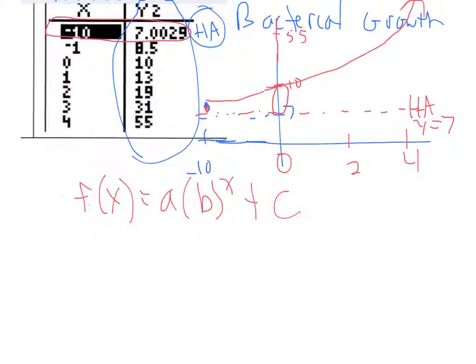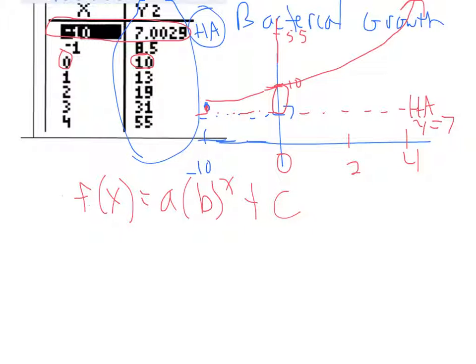The other thing to consider is, if 7 of them can't grow, how many of them can? In that case, it's the difference between the 7 and the 10, because at the start of the experiment there were 10. If we look far, far into the past, there were always 7, initially, and those 7 can't grow. That's why there's a horizontal asymptote. So you have 3 that can grow, 7 that can't, and that's a really critical piece.